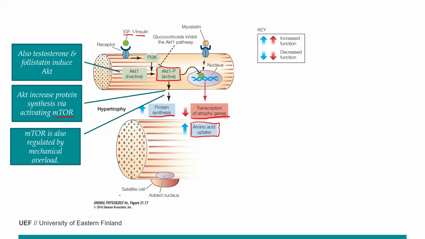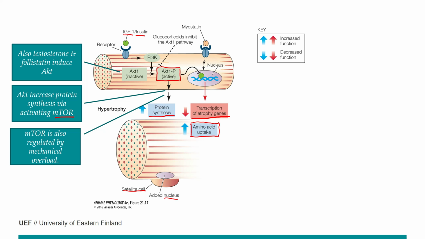We have these satellite cells that are kind of stem cells, and they can divide, and you can use the nucleus of a satellite cell, which will merge into your large skeletal muscle fiber. So previously you had 100 nuclei, now you have 101 nuclei, because one nucleus was taken from these satellite cells.